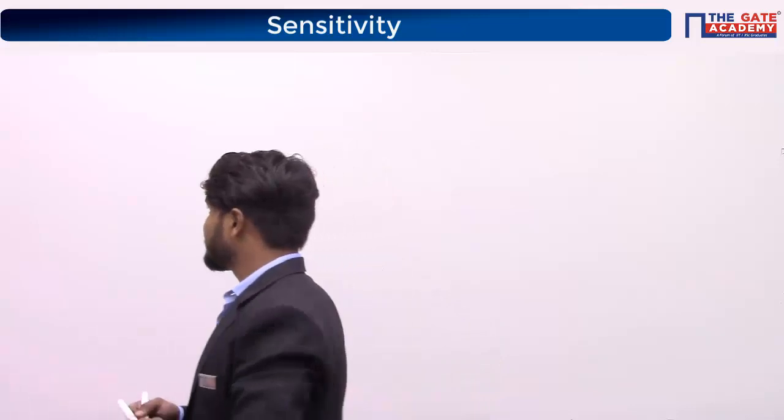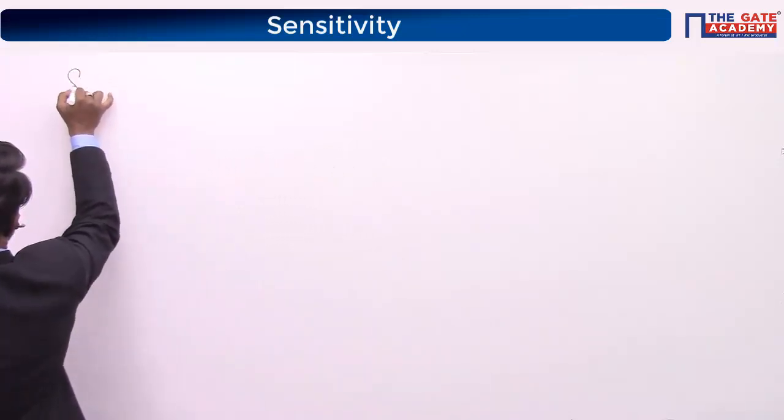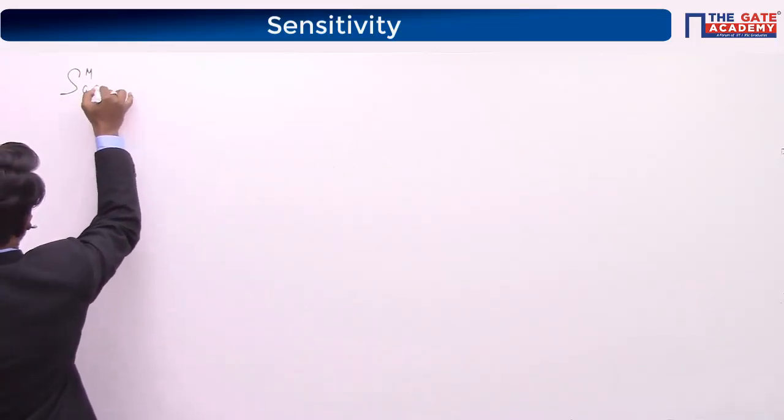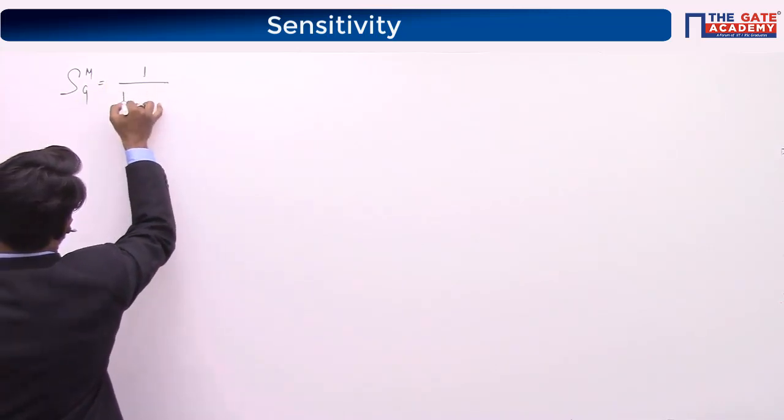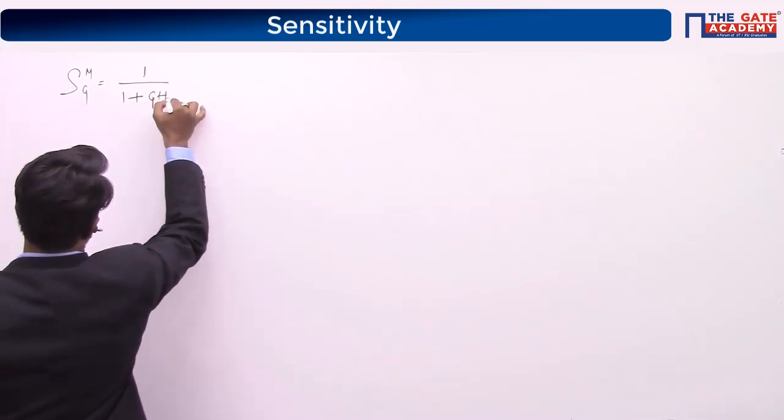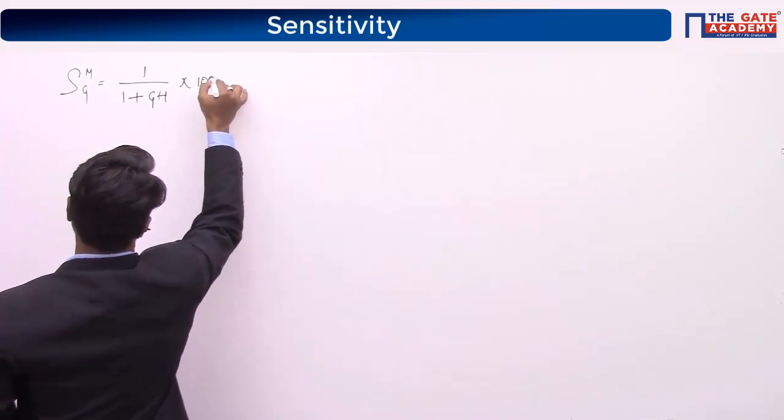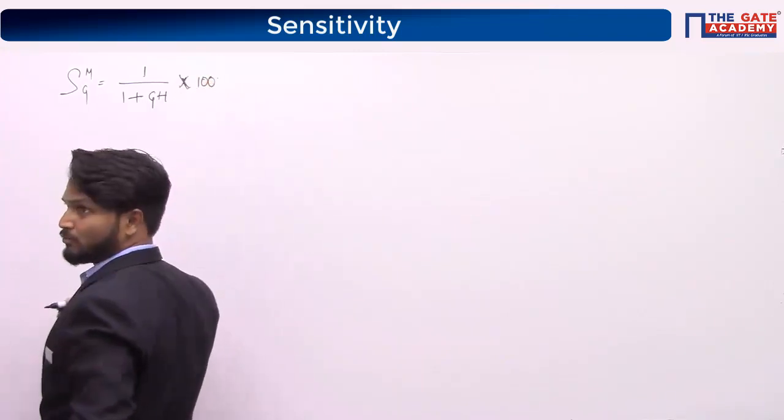Yes or no? So what is sensitivity here? Sensitivity of overall transfer function with respect to G is equal to 1 by 1 plus GH multiplied by 100.